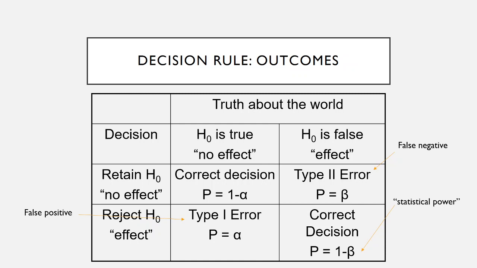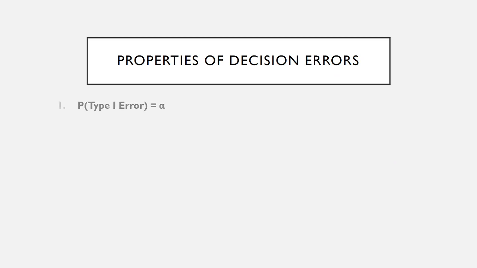Essentially, there are things within our control as researchers and analysts to make sure that if there truly is an effect out there, we're going to be able to find it. So basically what this quadrant represents is a depiction of all of the possible outcomes, and it's a way to quantify the probability of landing in any one of them.